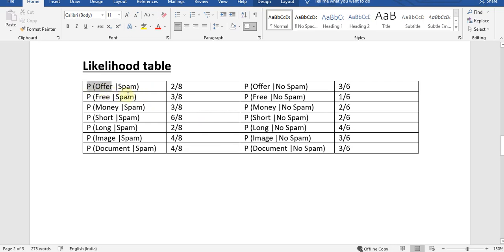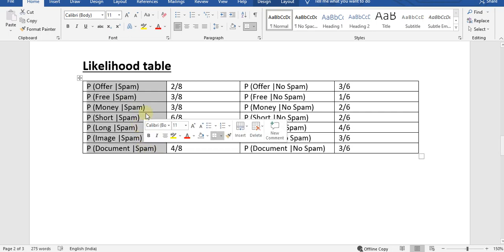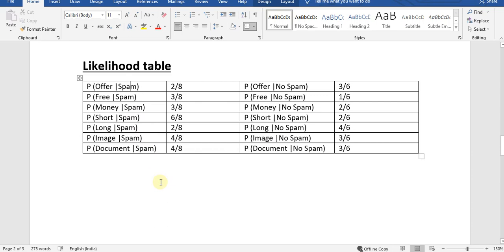Similarly, I have done this for all possible values of content, all possible values of email length and all possible values of attachment given the target value is spam. Similarly, I have done this calculation for all the possible values of the feature content, then email length, and then the attachment when the target value is no spam.